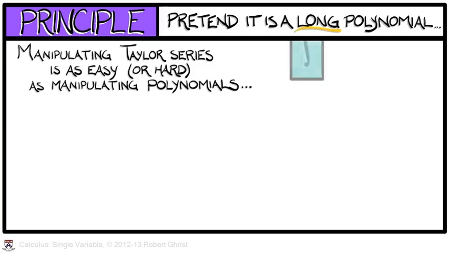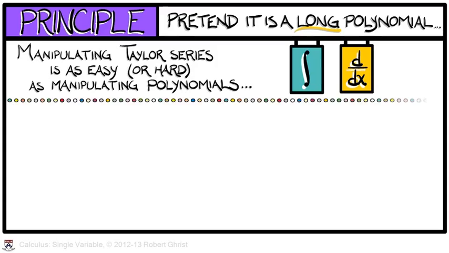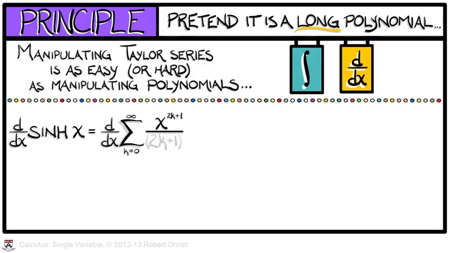We can continue our exploration of these functions by proceeding as if the Taylor series are like long polynomials. Hence, computing things like integrals or derivatives can be done term by term. Let's consider what the derivative of the hyperbolic sine of x would be. Well, we can differentiate the terms of the Taylor series.